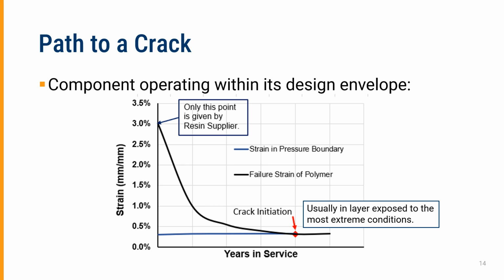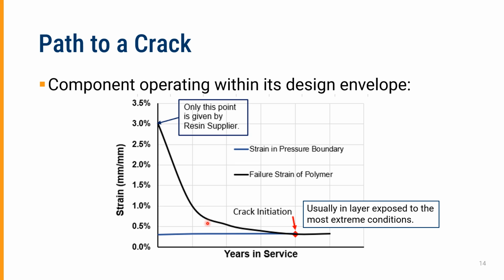As we apply service conditions, what happens is that we get relaxation and creep in the polymer of the material. And as that relaxation and creep develops and grows, we see a steady reduction in the strain at failure.